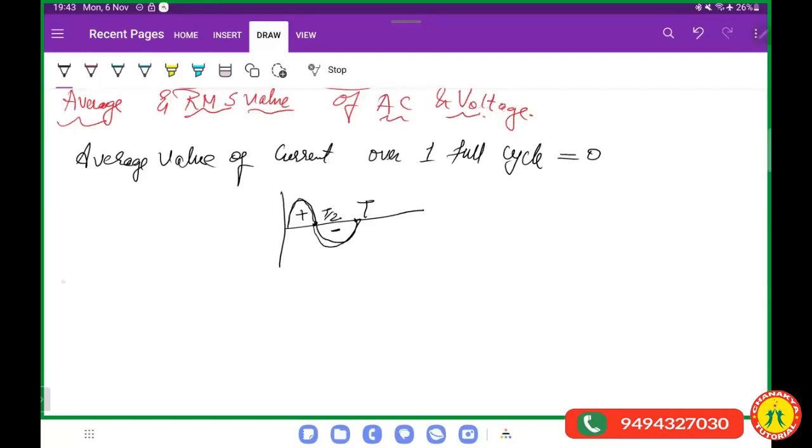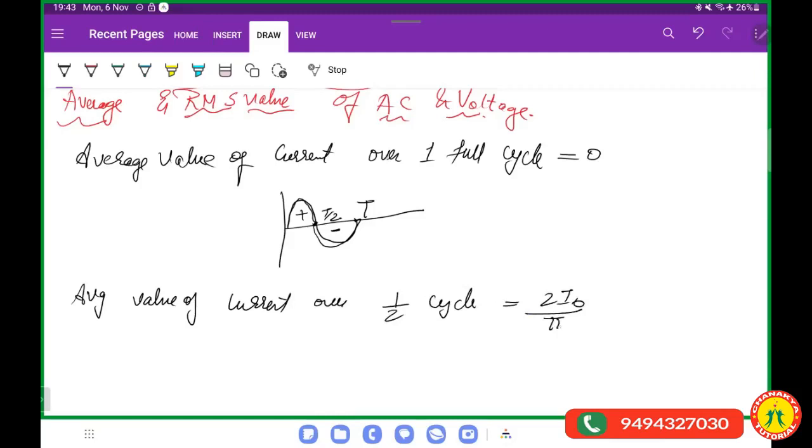So average value of current over half cycle is equal to 2 I naught by pi.